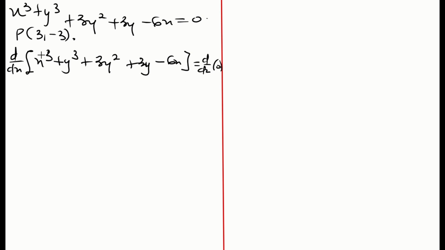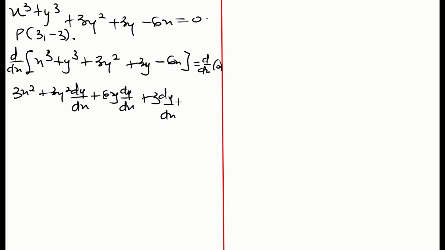So when we find the derivative with respect to x, we have 3x squared plus 3y squared dy/dx plus 6y dy/dx plus 3 dy/dx minus 6 is equal to 0.